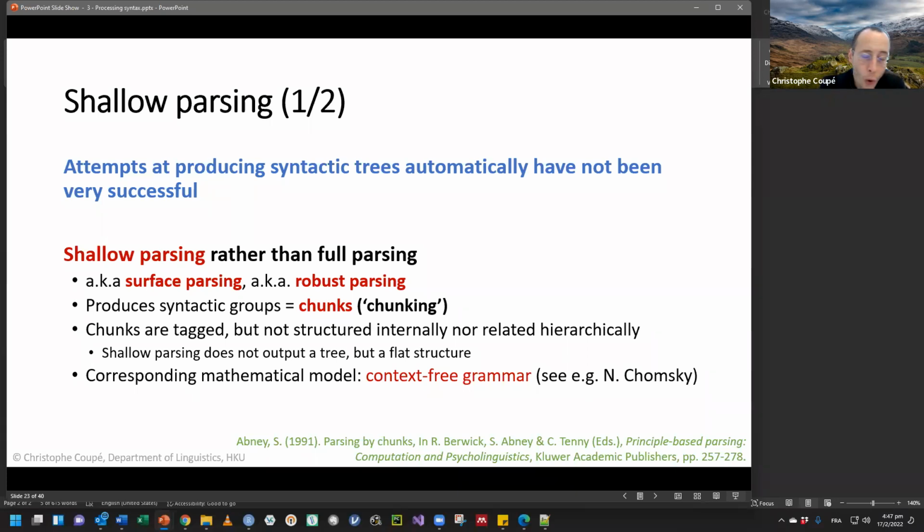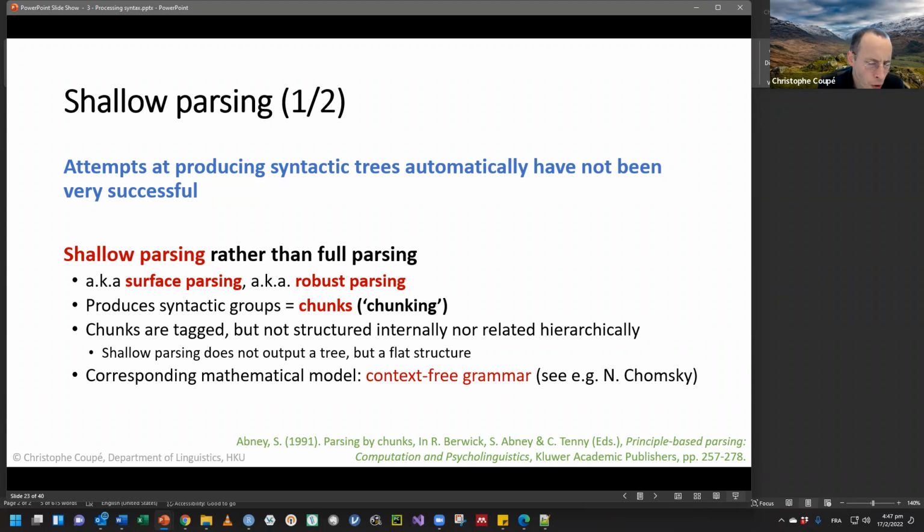That's when you try to build a whole syntactic tree. They have come up with shallow parsing. They also call it surface parsing or robust parsing. The point is, what you want to try to get is a number of syntactic groups or chunks. So you may call the process chunking.